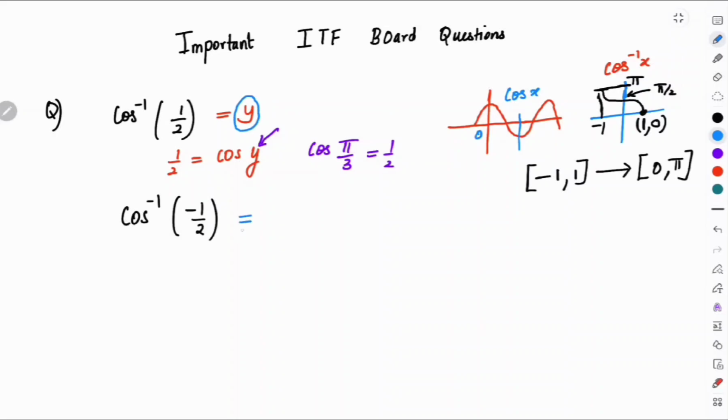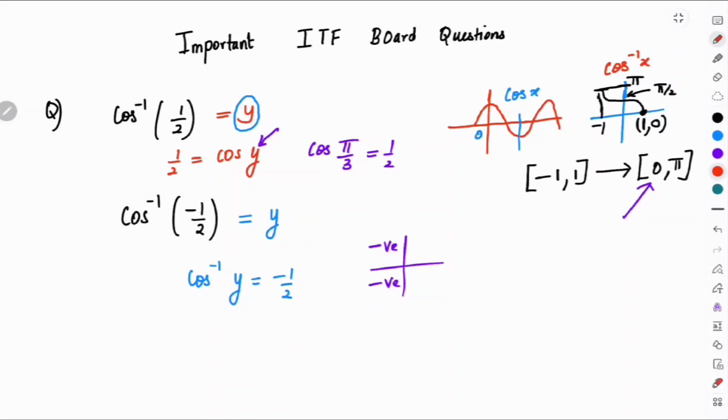But can you write the answer as minus pi by 3 over here? You cannot. Now consider cos inverse of minus half. You know cos is negative in the second as well as the third quadrant. But you have to write your answer in either the first quadrant or the second quadrant.